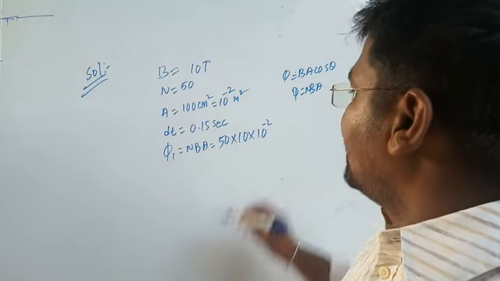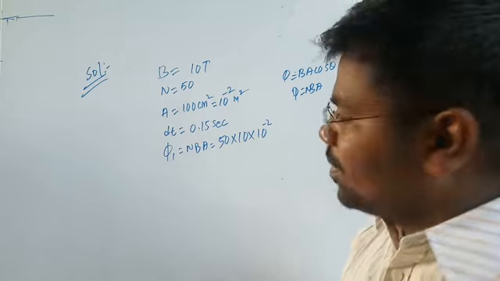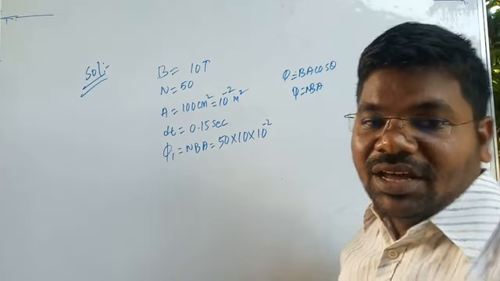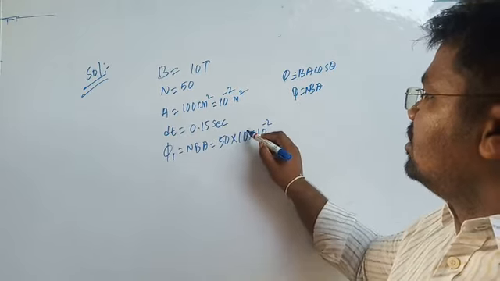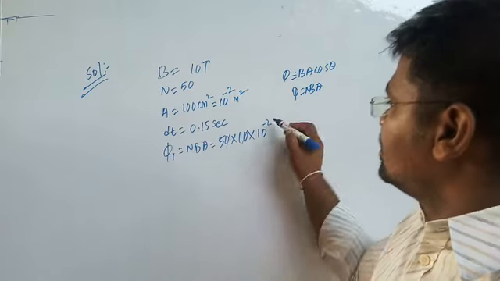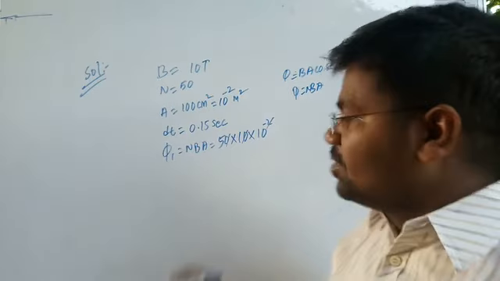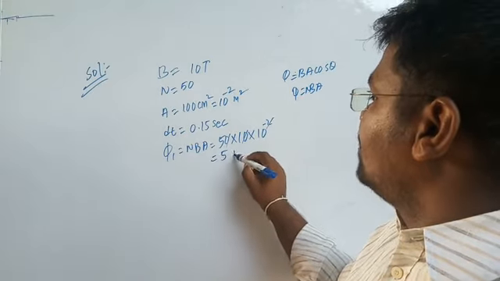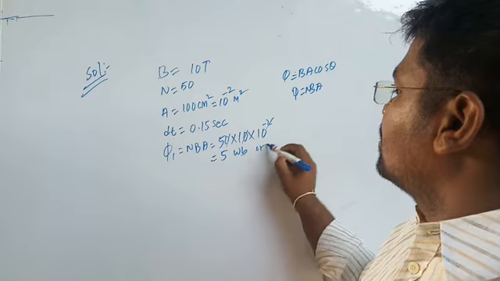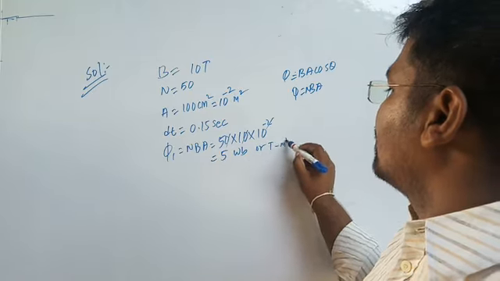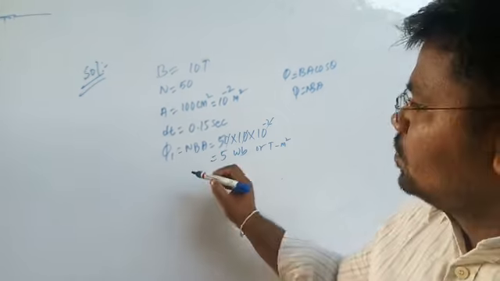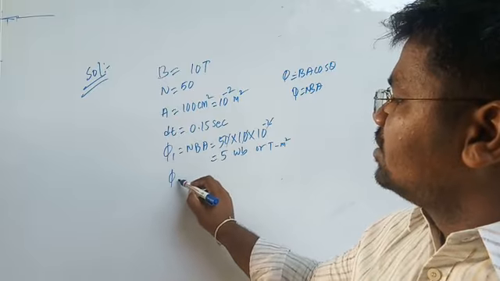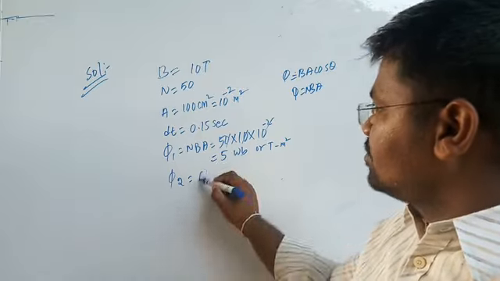The 10 power minus 2 gets cancelled, we get 5 Weber, that is Tesla per meter square.